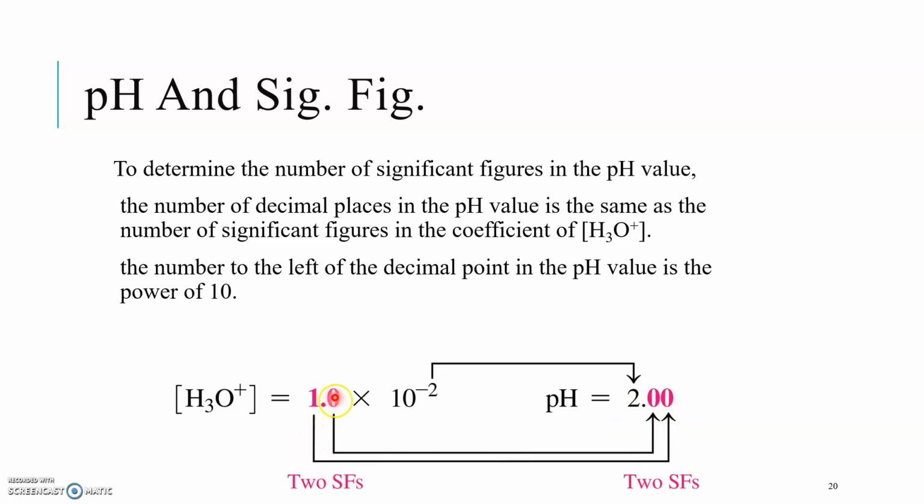Since my concentration had 2 significant figures, I have to report 2 decimal places to convey 2 significant figures. So I'm not going to write 2.0, because this would be only 1 sig fig. It's going to be 2.00. So again, the numbers to the left of the decimal point come from the power, and they are not counted when we count significant figures.